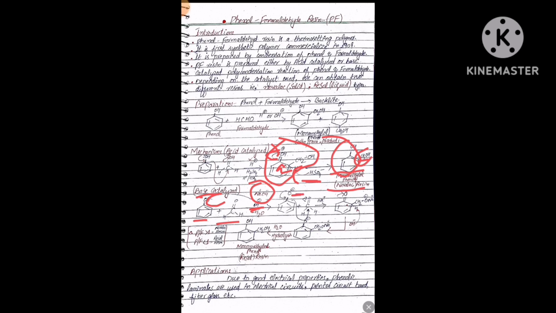Now this negative charge comes into conjugation. This pi bond attacks the formaldehyde carbonyl carbon, and the structure appears like this. Now this OH part from the base will grab this proton, the aromaticity will regenerate and stability occurs. The structure now looks like this.